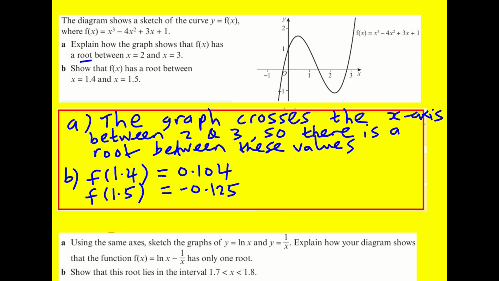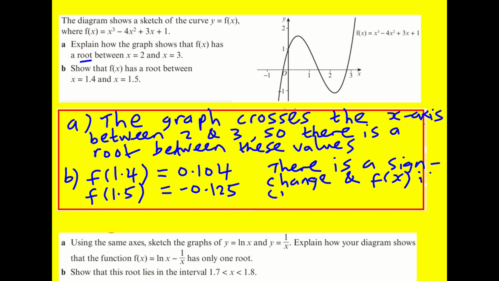Okay, we've done the key bit, but actually we need to write a conclusion now. And this is what I would write word for word. I would say there is a sign change and I'm just going to say that key thing, f of x is continuous.